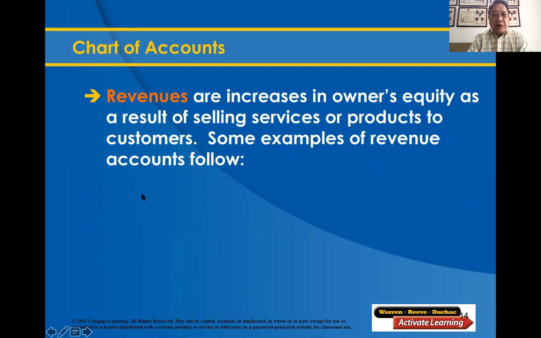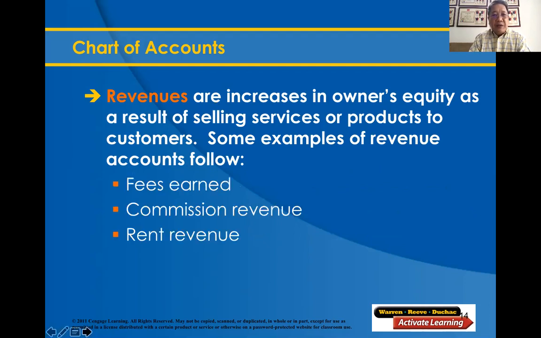So revenues are increases in owner's equity as a result of selling services or products to the customers. Hindi ko na kailangan pag-explain pa na pag kumita ka, dadaming kapital mo. At pag ikaw naman ay nagastusan para sa nagpagkaya ka ng sweldo, nagbayad ka ng renta, nagbayad ka sa kuryente, nagbayad ka sa telepono, ay yun ay kabawasan sa iyong kapital.